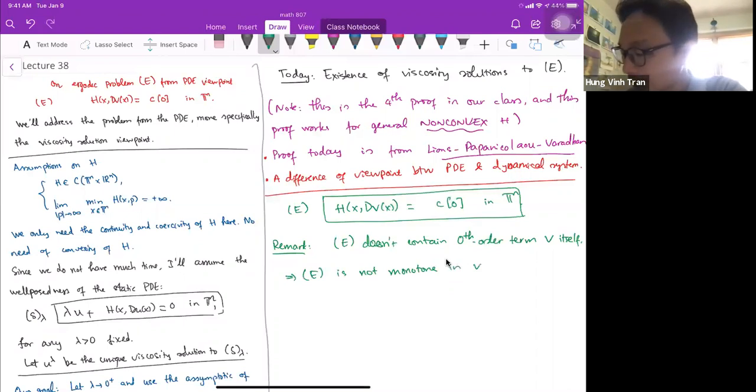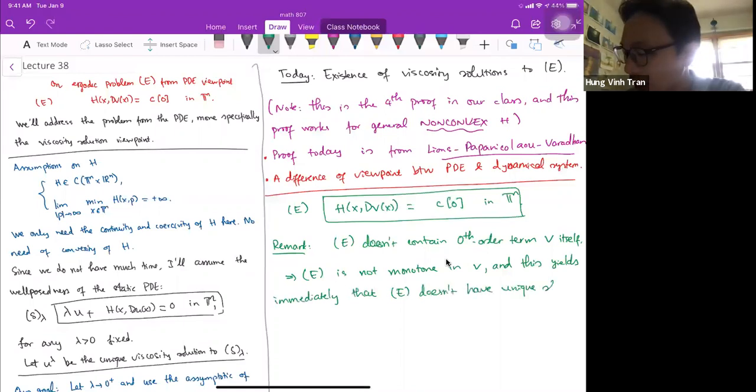I'll explain what it means. It implies that E does not have unique solutions.